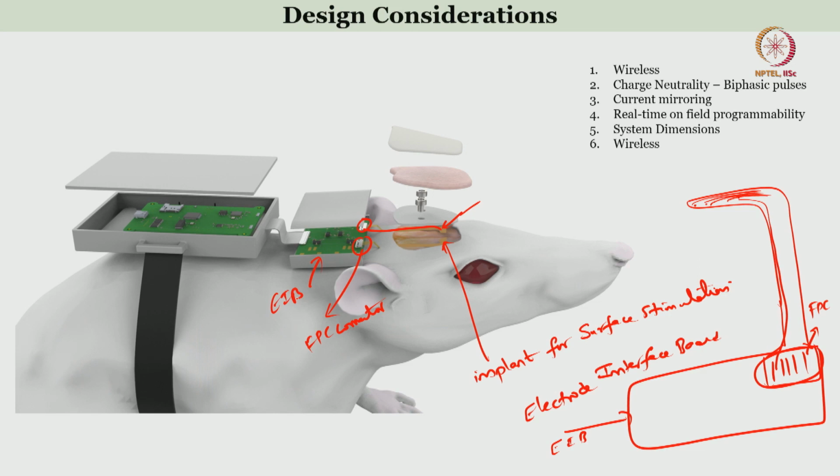Now, you have access, there is one more FPC connector here, through which you can control the currents that are pumped to different electrodes. So, this is the electrode interface board as I told, and this is your electronic system. Let us say it is typically a wireless one, and there is a neural implant here.